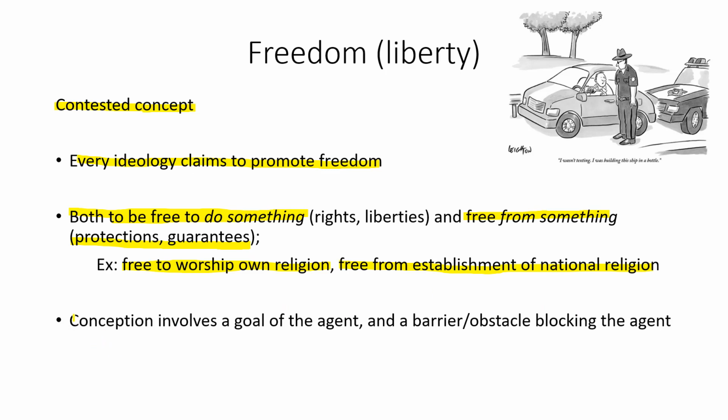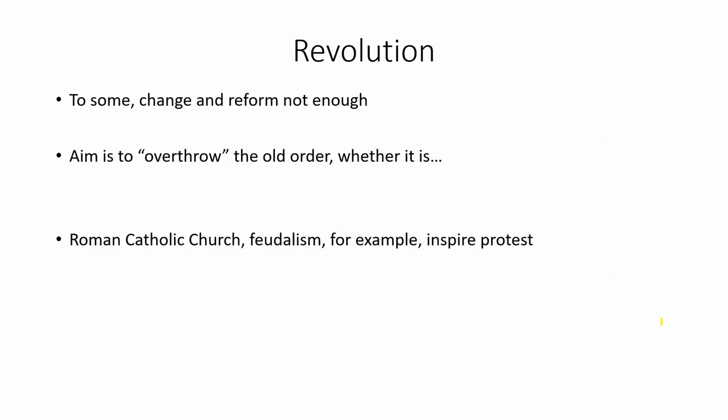The concept of freedom typically involves some agent, some citizen, some person out there in the world that has a goal that they feel they may not be achieving, and there's some barrier or obstacle blocking the agent from that goal. So that's where freedoms have their origins.